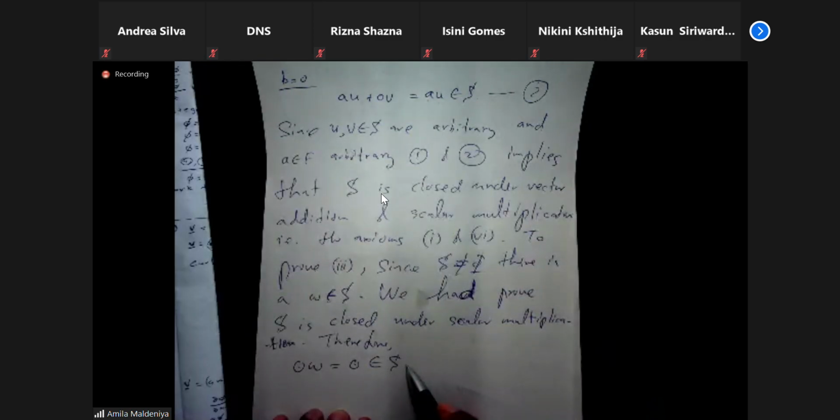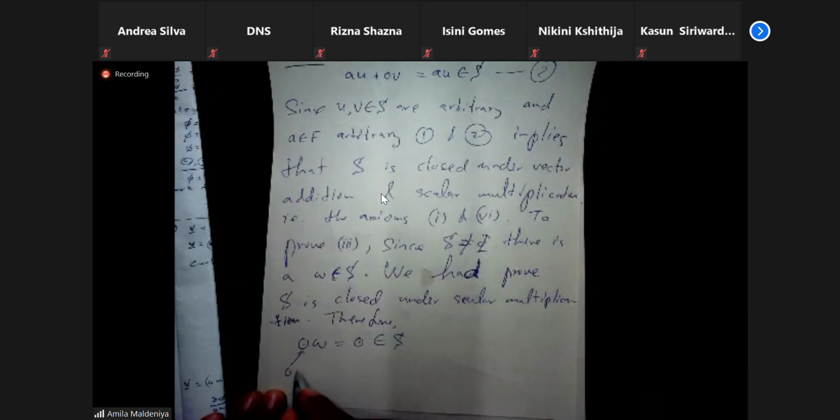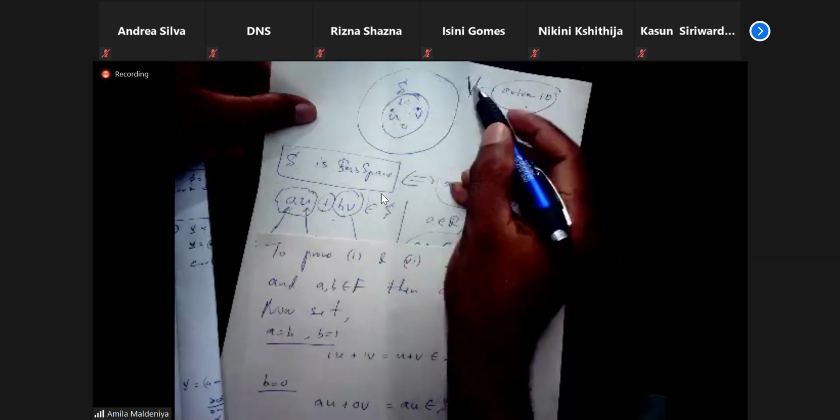So this automatically follows. Now 0 is a scalar, and 0 times W is an element in V, because scalar multiplication is true there. This 0 is an element in S, but that 0 is also an element in V, because S is a subset of V.